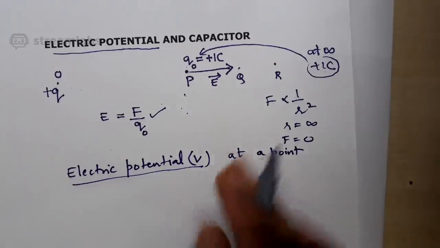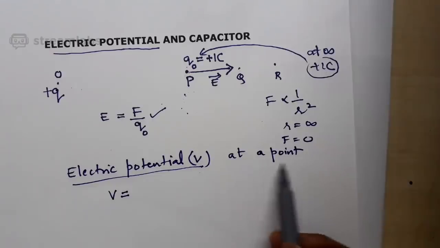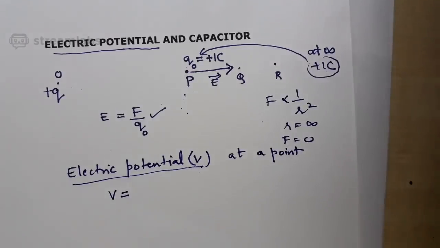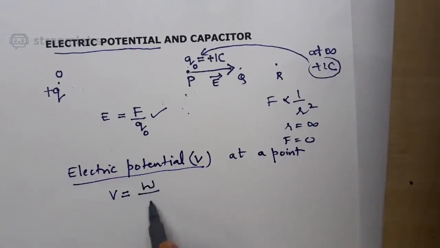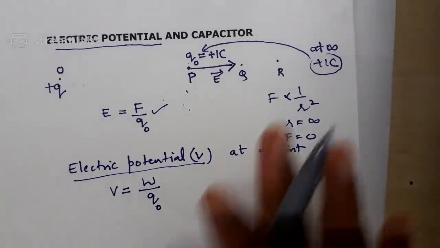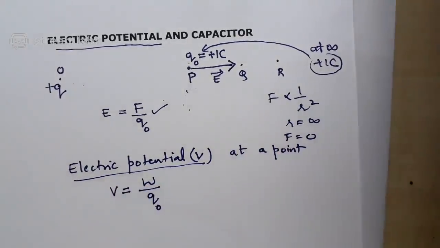If I recollect whatever I explained, and based on that define what is electric potential at a point, I can define it something like this. Electric potential at a point is defined as the amount of work done in moving a unit positive charge from infinity to a point under consideration against the electric field.